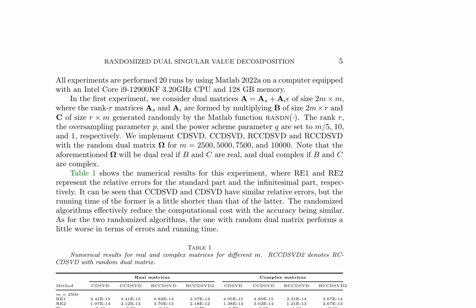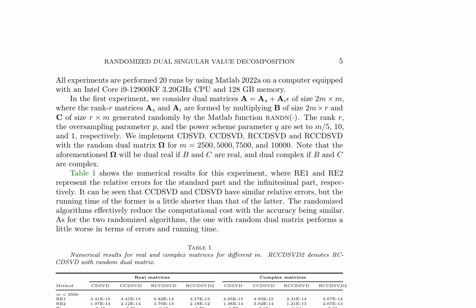The rank r, the oversampling parameter p, and the power scheme parameter q were set to m, 5, 10, and 1, respectively. They implemented CDS-VD, CCDS-VD, RCCDS-VD, and RCCDS-VD with the random dual matrix omega for m equals 2500, 5000, 7500, and 10,000.